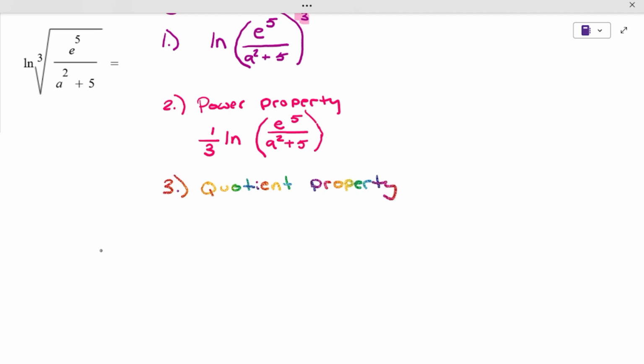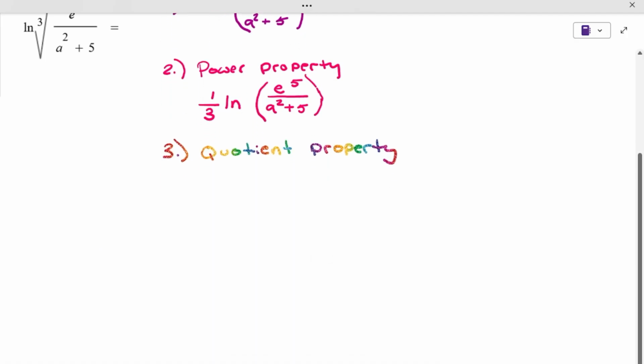We are going to use the quotient property. The quotient property says that if you're taking the log or the natural log of a fraction, this fraction right here, e to the 5 divided by a squared plus 5, you can split it into a subtraction of 2 logs.